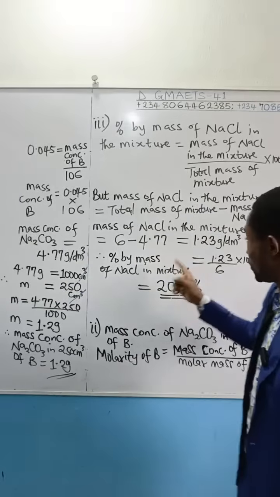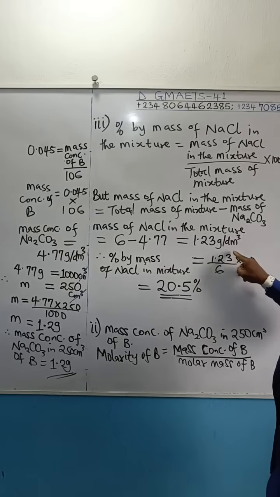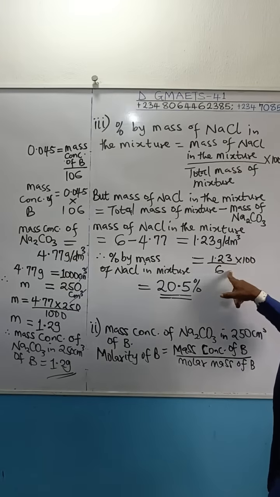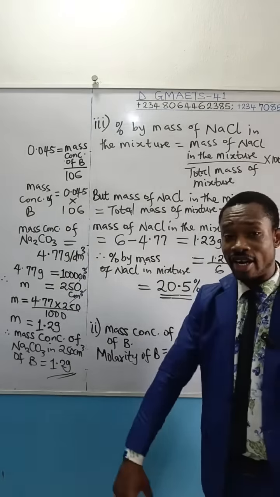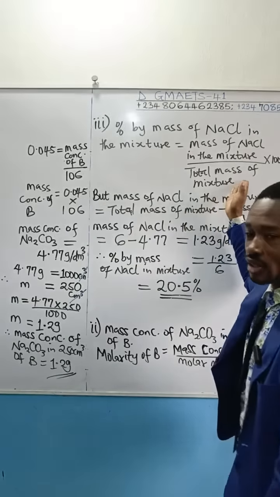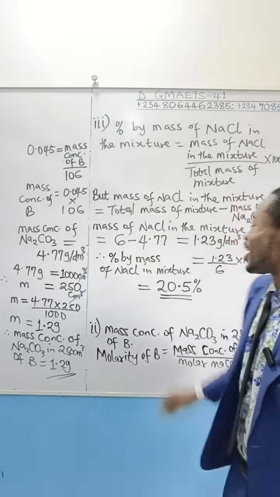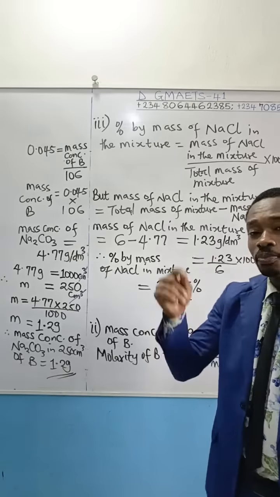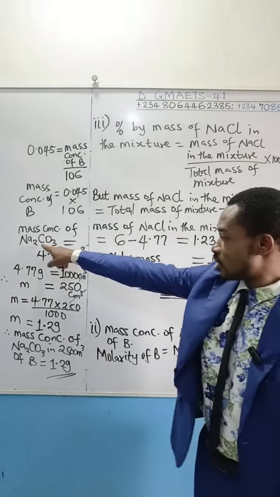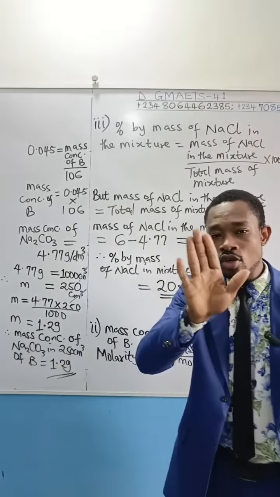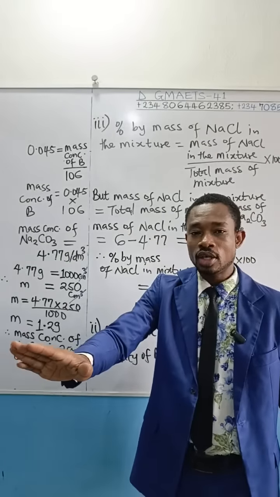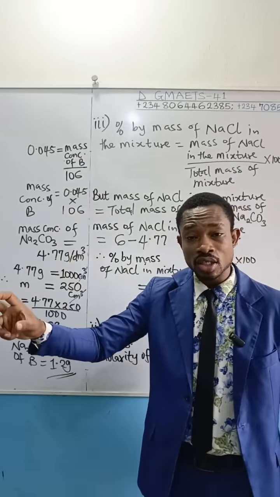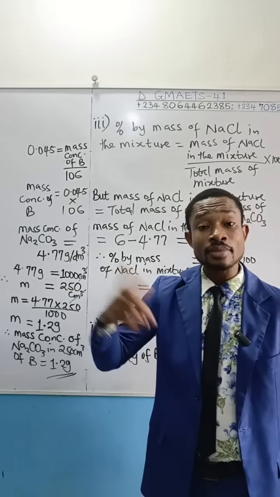If I use it, see this formula, it will actually be mass of impure over mass of impure, because this 1.23 is the mass of impure, like I said. So I prefer teaching with this. Rather than doing 100 minus 20.5 to get the percentage purity, which is the percentage of sodium carbonate, you can use your normal percentage purity formula, which equals mass of pure divided by total mass times 100.